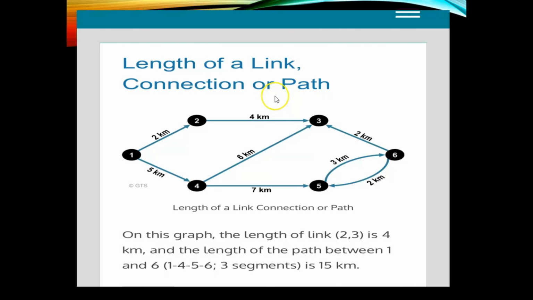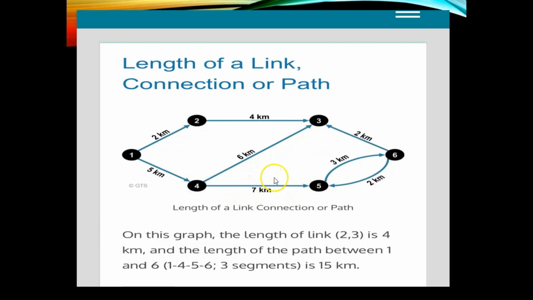The length of a link, connections of paths. We already explained what the length of a link is, but we are going to have a sample breakdown of that with this picture. It says on this graph, the length of link 2 to 3 is 4. Now you can see each of the links has been weighted. The link between 1 and 2 is 2 kilometers, 2 to 3 is 4 kilometers, 3 to 6 is 2 kilometers, then 4 to 5 is 7 kilometers.